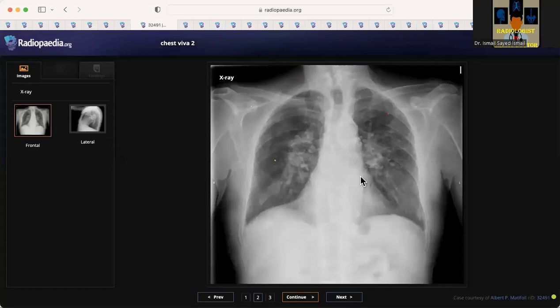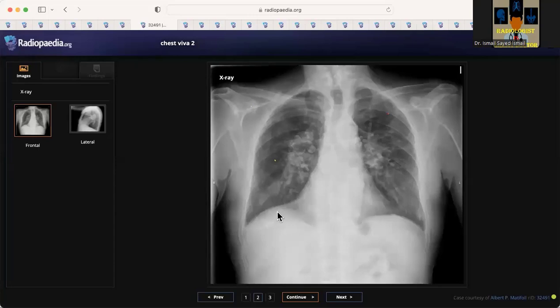So in TB, the calcified lymph nodes tend to affect the mediastinum asymmetrically and unilaterally, while in sarcoidosis, as we've seen in the previous cases, the lymph node involvement is bilateral. In silicosis, there are usually other signs, such as calcified nodules, here and behind, and that's what makes it silicosis.